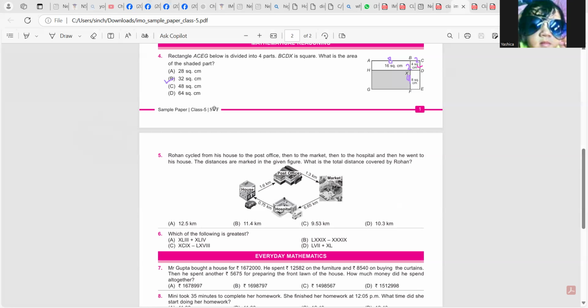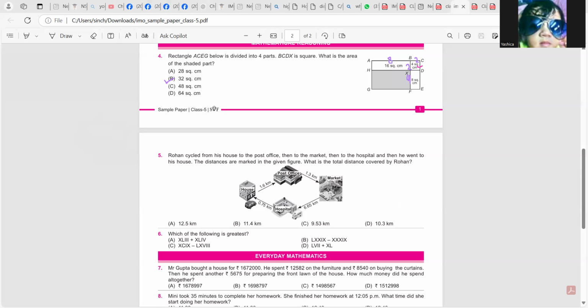So if we take a guess by the square root of 4, it is 2 because 2 into 2 is 4. So we can consider each of the sides of this square is 2 centimeter.